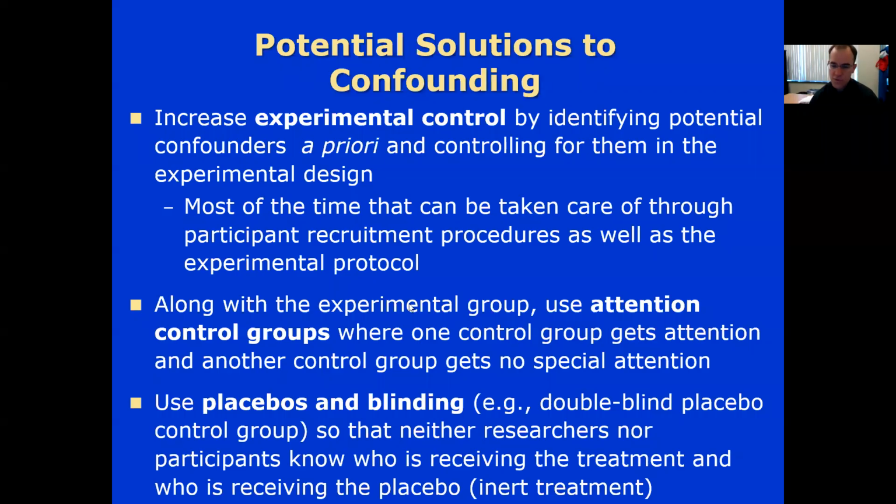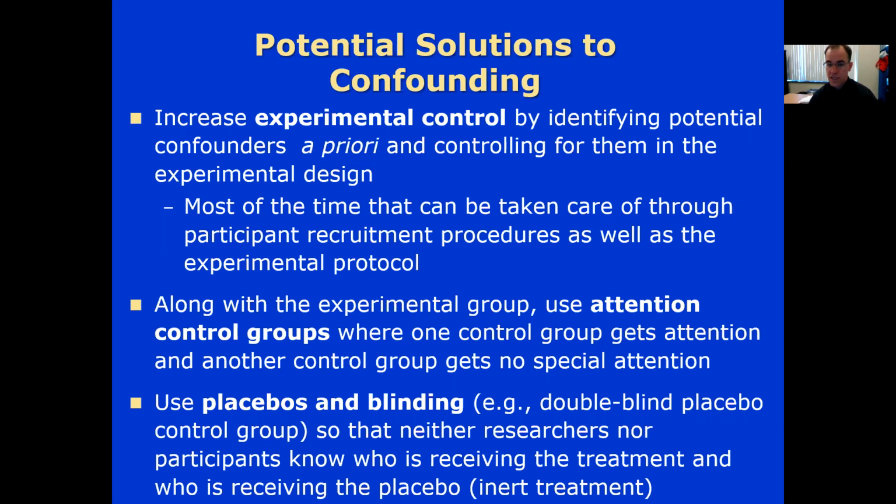The final and one of the most effective ways to prevent confounding is using placebos and blinding. For example, a double-blind placebo control group, so that neither researchers nor participants know who is receiving the treatment and who is receiving the placebo. An example would be if you're testing a new drug for preventing cancer.